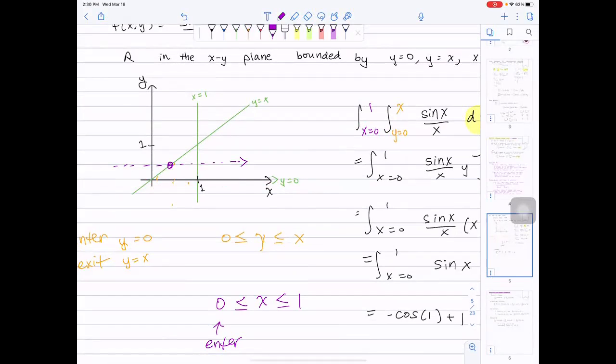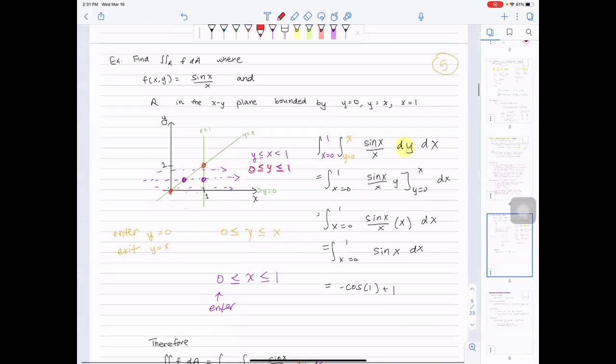Where is it entering? It enters at x equals y. Where does it exit? It exits at x equals 1. Then out of all the possible purple lines, the smallest y value is 0 and the greatest y value is 1. So this is 1, this is 0.